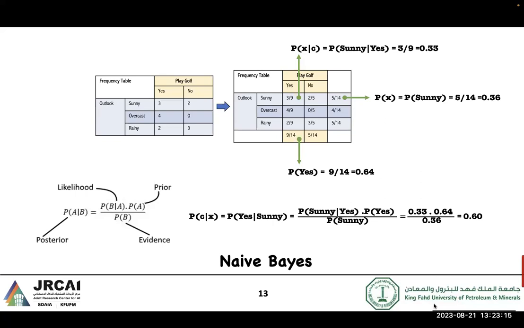You also have the evidence from the history. For example, in Saudi Arabia, January and February are full of rain, while May and June never. So it depends on the history. But here you can see we will compare these frequencies to probabilities.